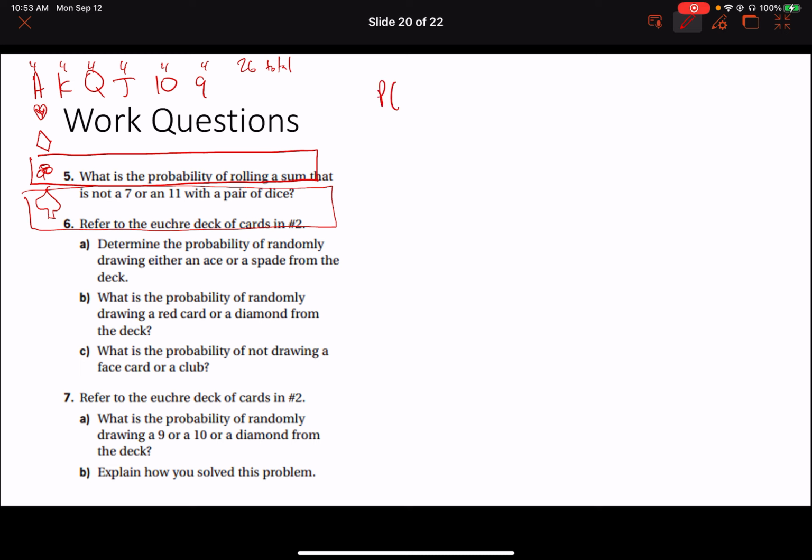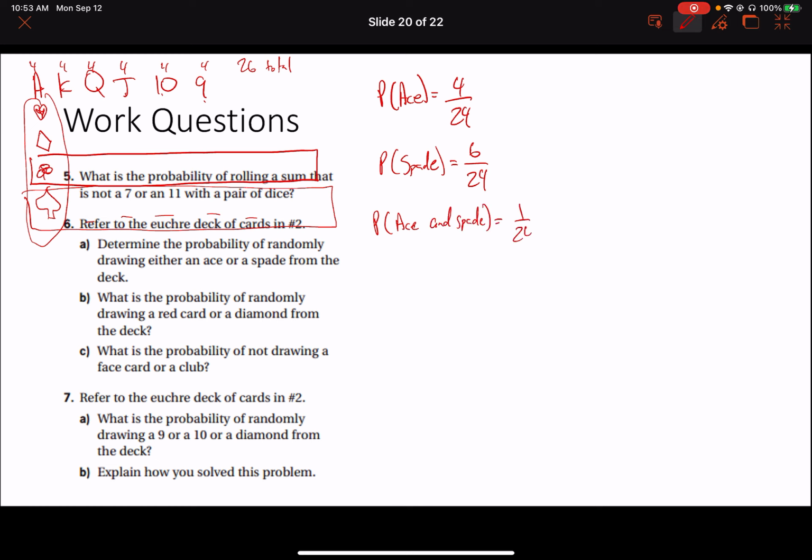So the probability of an ace is basically 4 out of 24. And the probability of a spade is 6 out of 24, right? Because there's 6 spades: 1, 2, 3, 4, 5, 6. And then the probability of an ace and spade is 1 out of 24.